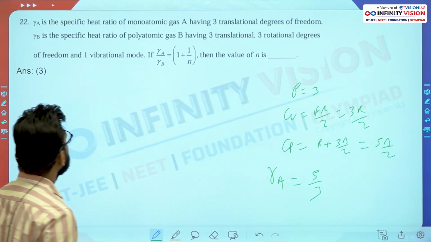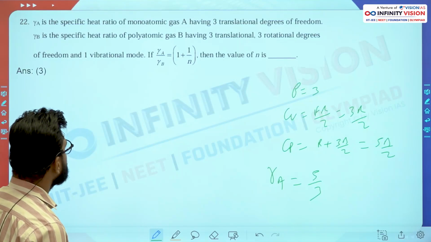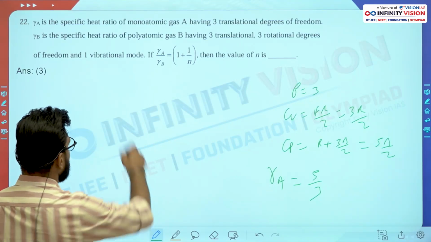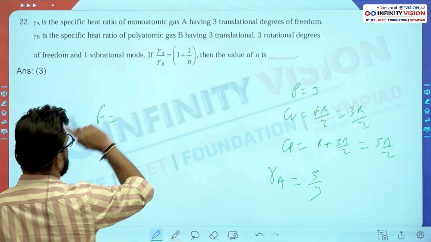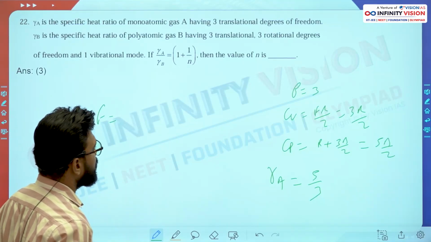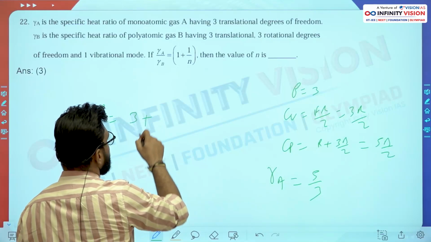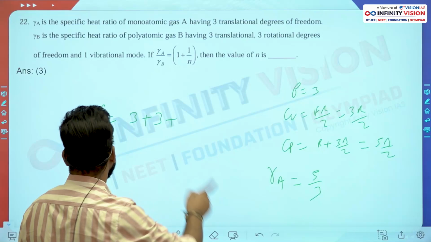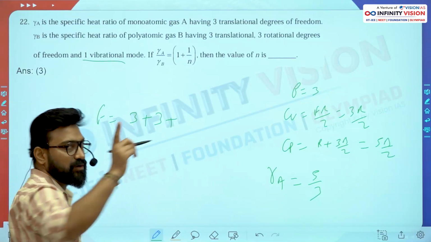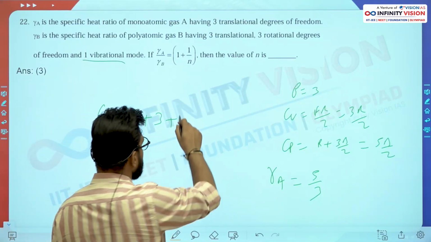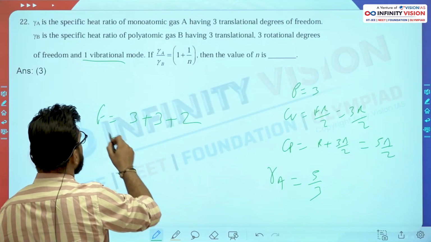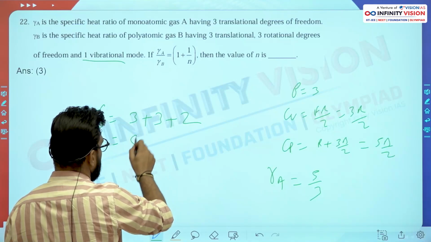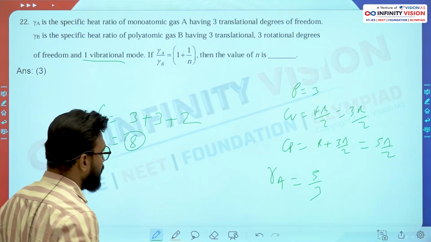Gamma B is the specific heat ratio of polyatomic gas B having 3 translational degrees of freedom. The second gas has 3 translational degrees of freedom, 3 rotational degrees of freedom, and 1 vibration. 1 vibration would constitute 2 degrees of freedom. So in totality, the degree of freedom f for B is 3 plus 3, which is 6, and 2 more makes 8. So the degree of freedom comes out to be 8.